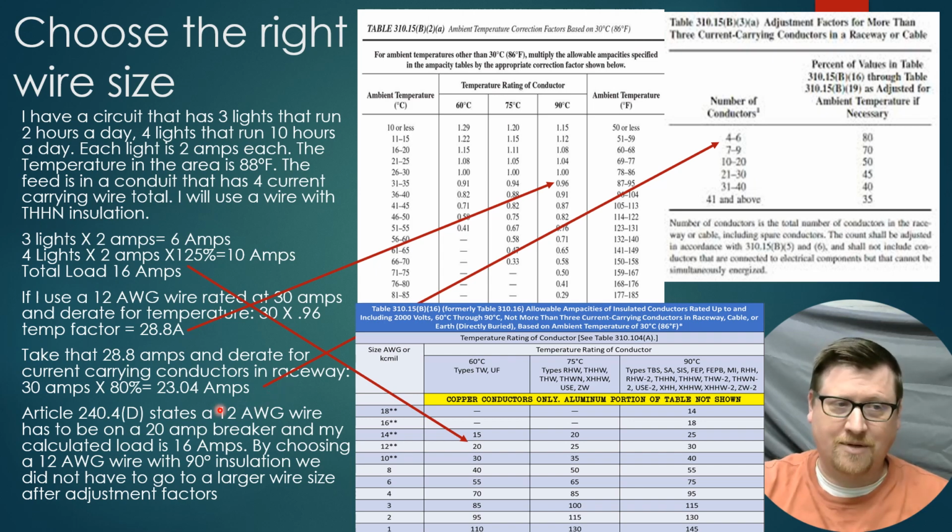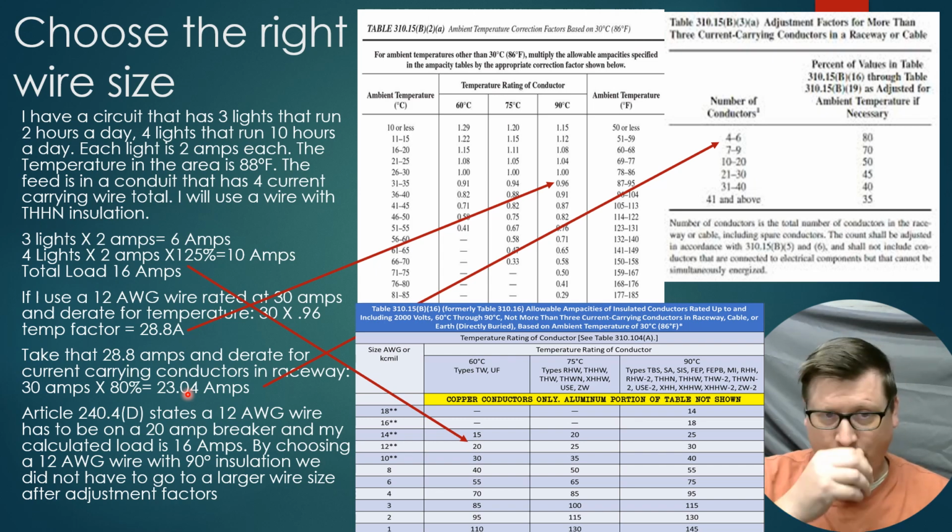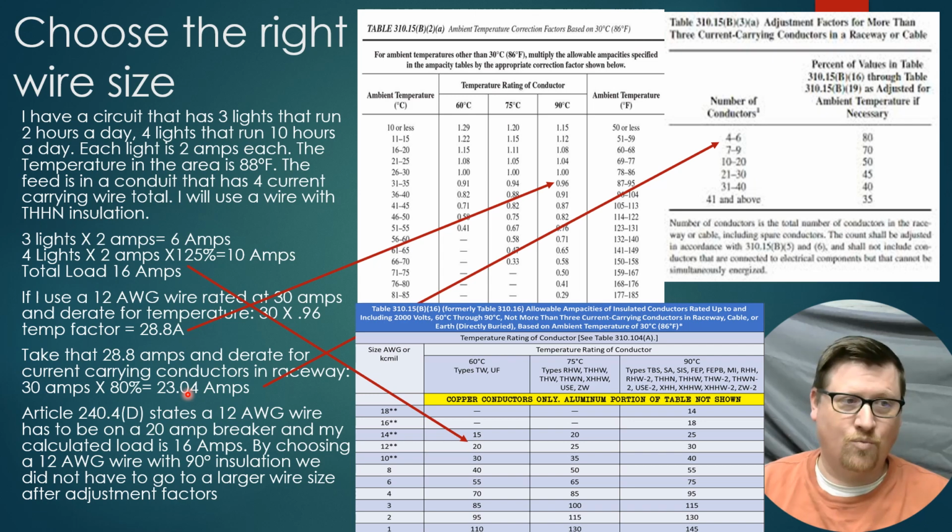Now, I don't have a 23.04 amp breaker, and I'm not allowed to use one. I'm only allowed to use a 20 amp breaker. As long as this number is bigger than what our breaker and our load are, we're okay. So we've accomplished what we needed to accomplish here.